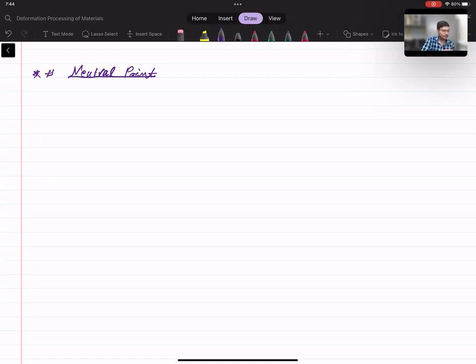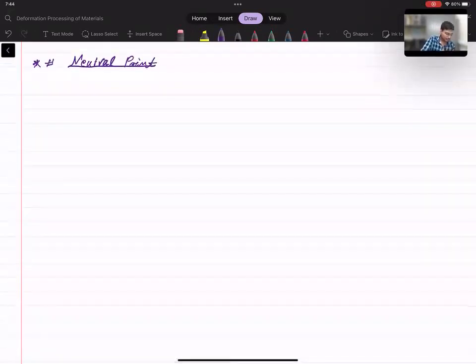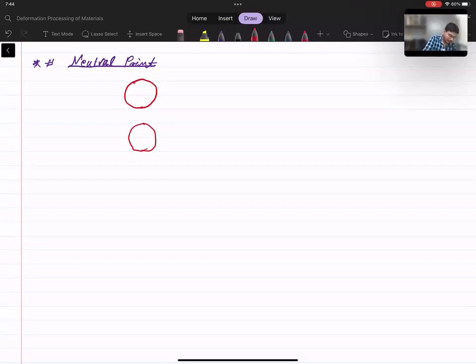So when the rolling is done, suppose these are the rolls, and suppose from here we are feeding the workpiece, and from here we are getting the product reduced in thickness. Let us call this initial velocity v naught.